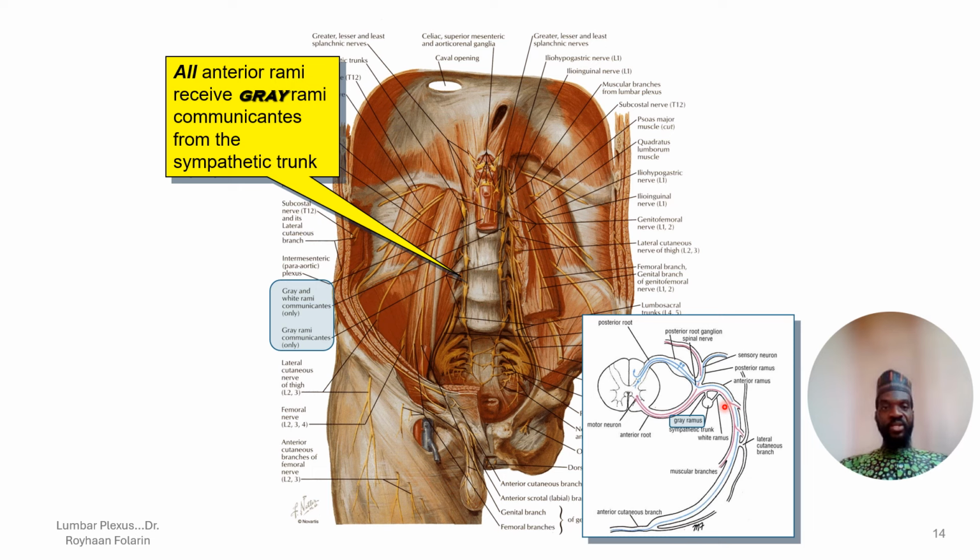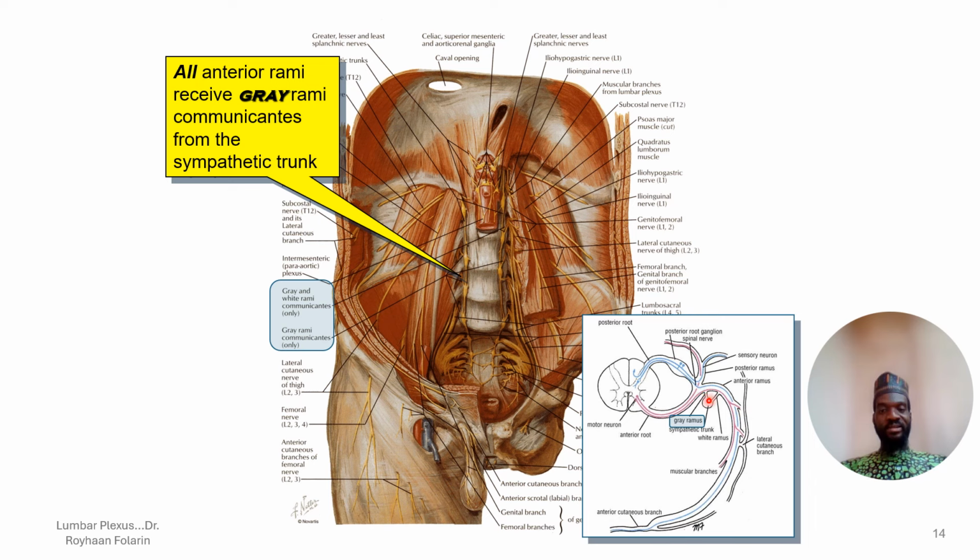And by being gray rami, first of all, the point we are trying to make is that all the anterior rami of the spinal nerve, in this lumbar plexus, receive gray rami. This is the anterior ramus, remember, which is contributing to the formation of the plexus.